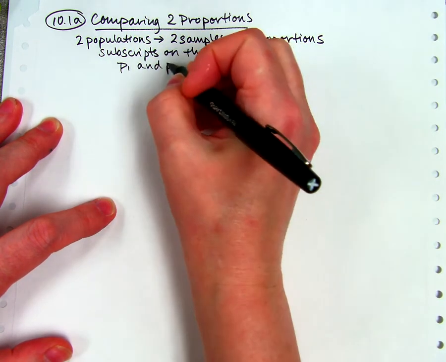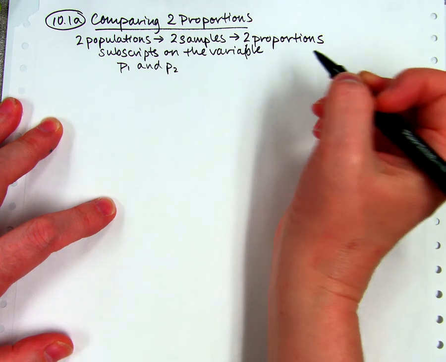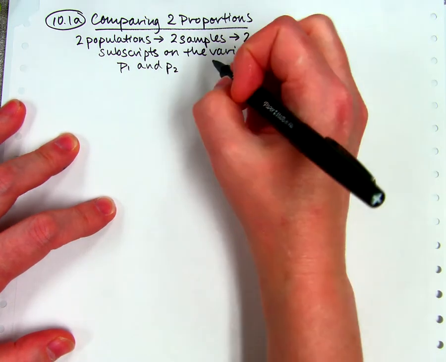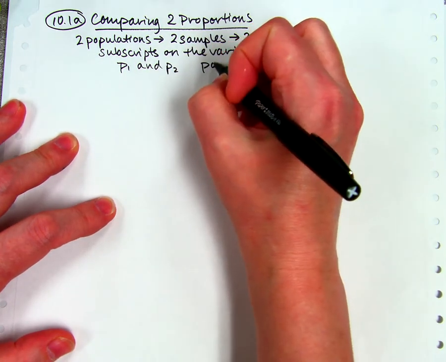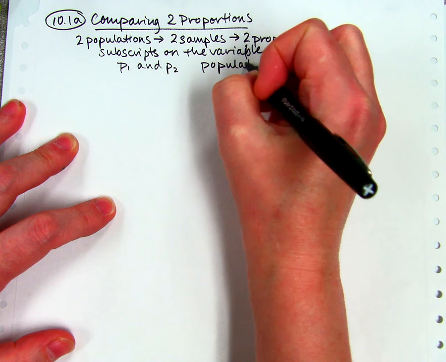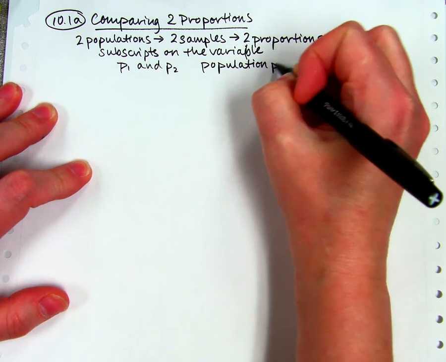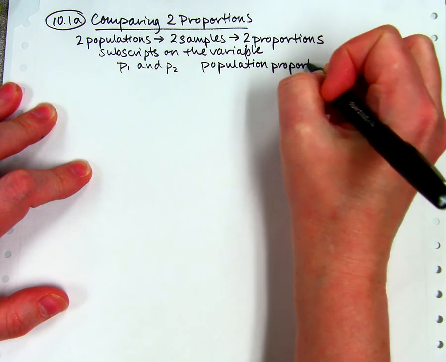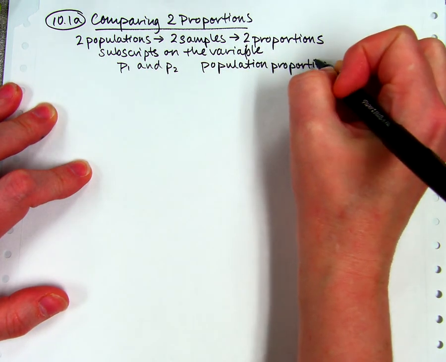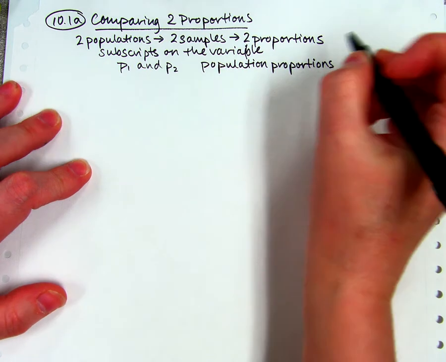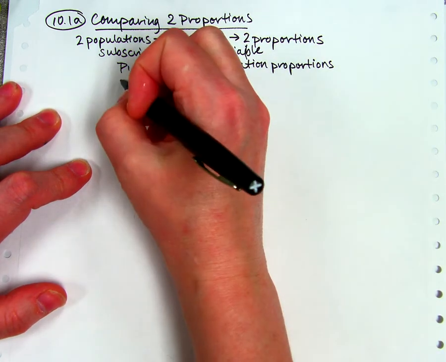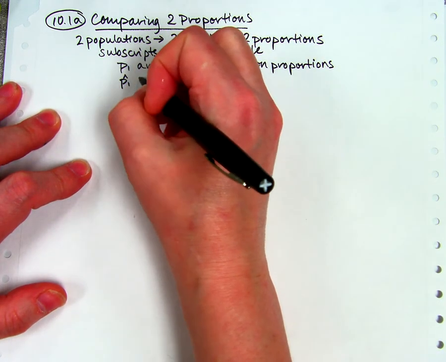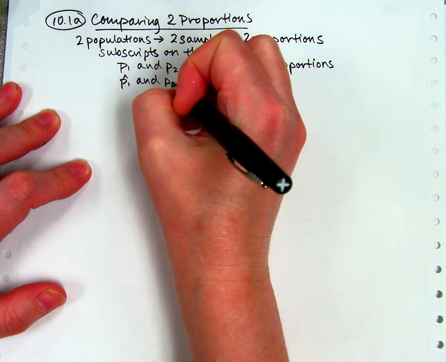And subscript means those are lower instead of up high like an exponent. So those would be our two population proportions. And remember, some books use pi for this, but we're using P. The sample proportions would be called P1 hat and P2 hat.